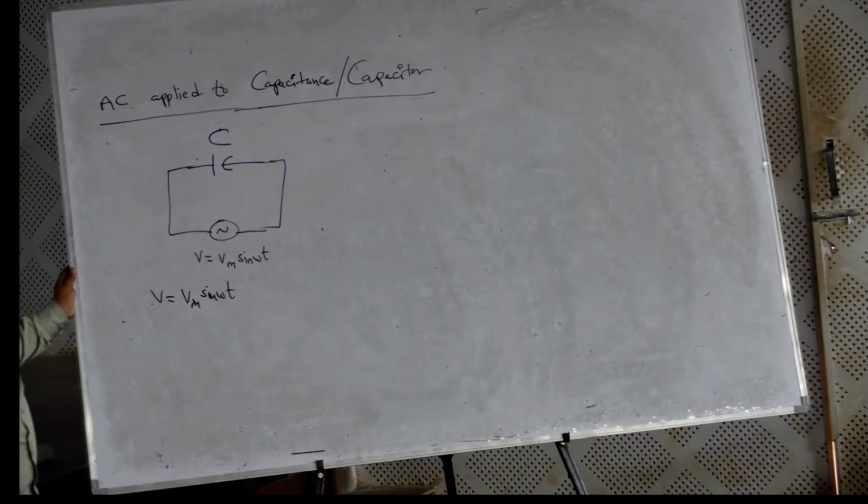What is the formula for current in a capacitor, or voltage across the capacitor? What is the formula? I is equal to... No, with respect to a capacitor, the general formula. V is equal to L di by dt, yes.